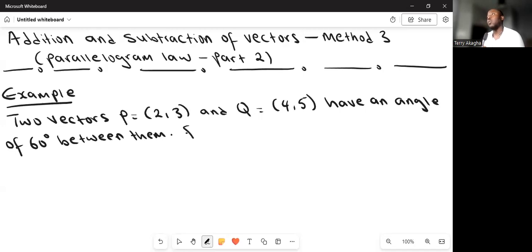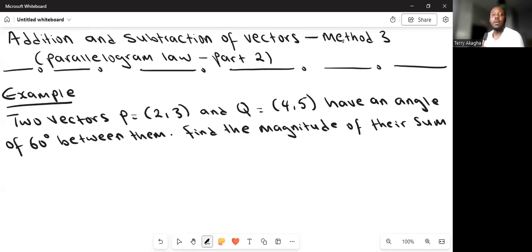We're now told to find the magnitude of the sum vector, and the direction of the resultant vector.